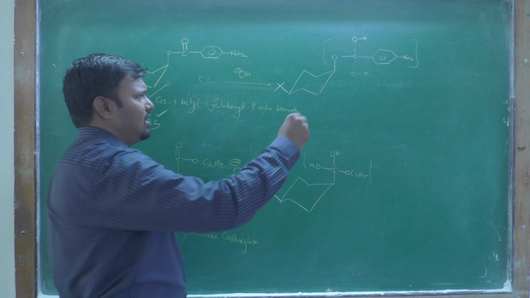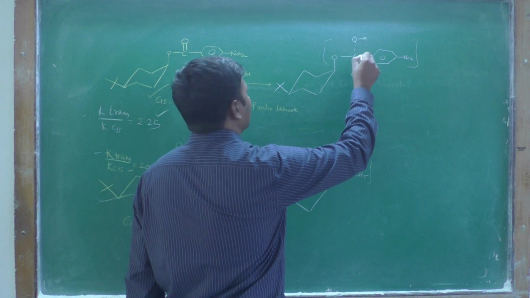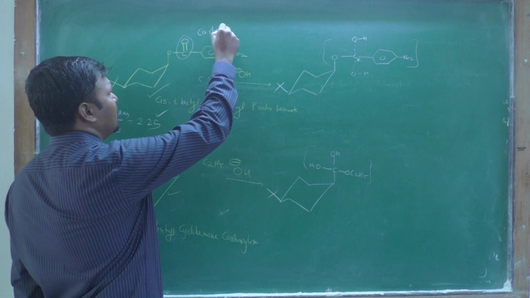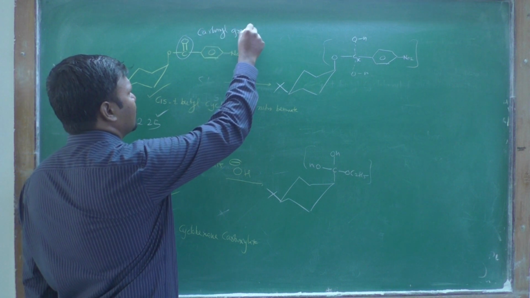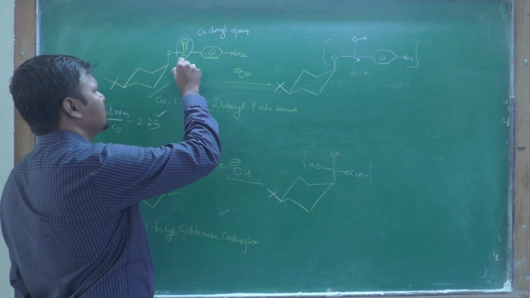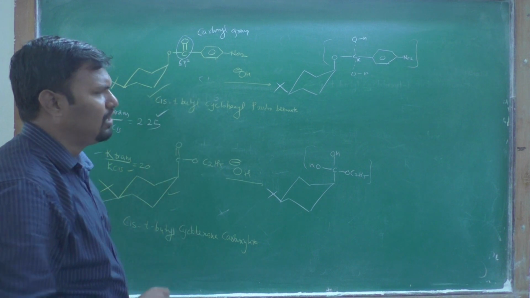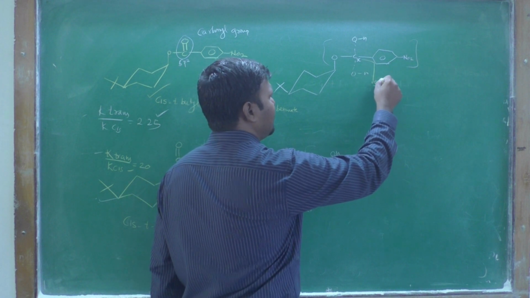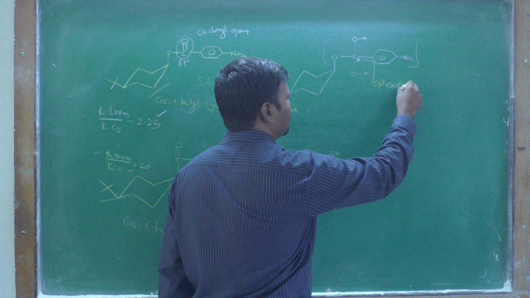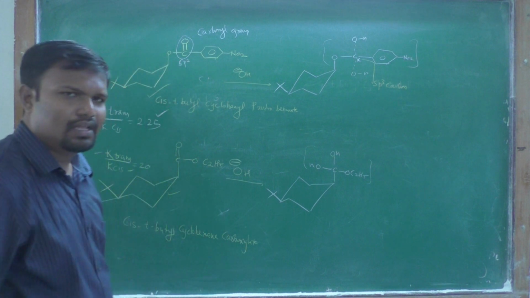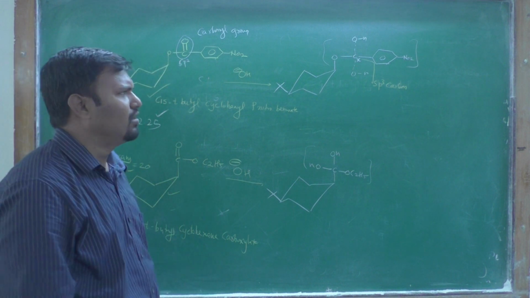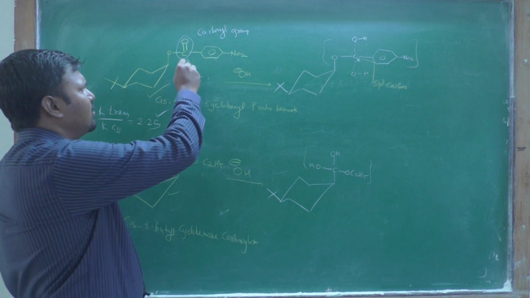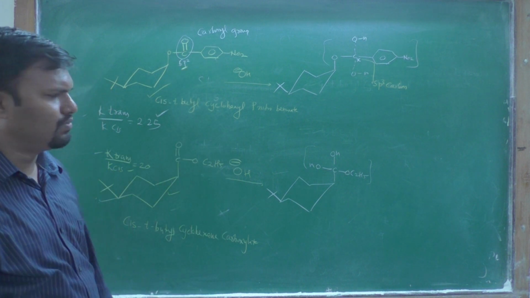In the transition state, your sp2 carbonyl group is converted into an sp3 carbon, and the sp3 carbon is more crowded than our carbonyl group.